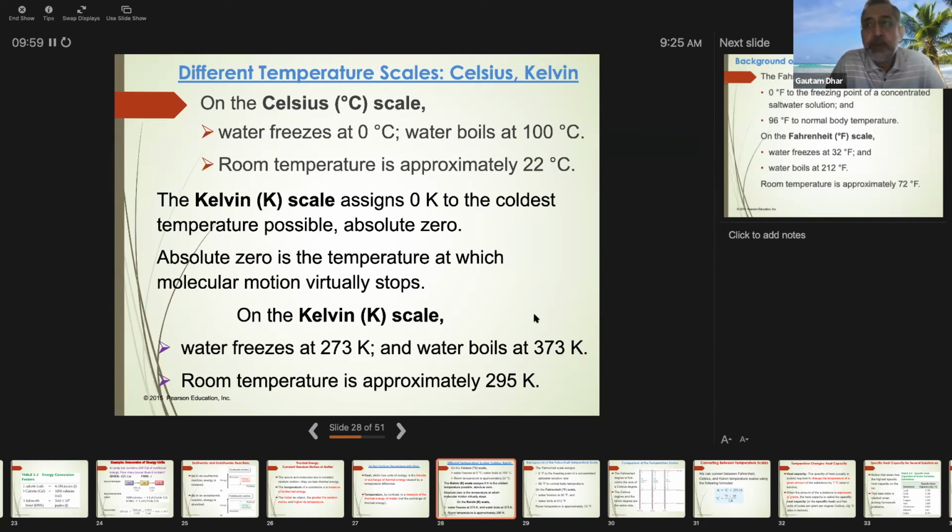So it's kind of arbitrary. You have to have a base. They said let's take water, ice, because it's a very common substance, as 0, and the boiling water as 100. And let's divide this gap between 0 and 100 into 100 parts, and we call each of them 1 degree Celsius.